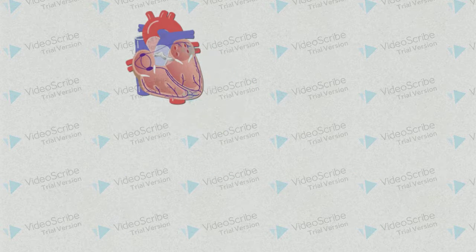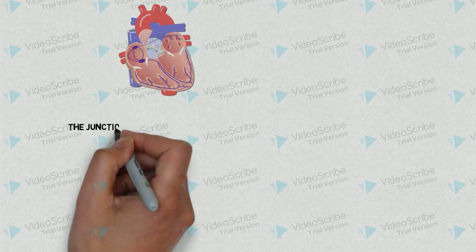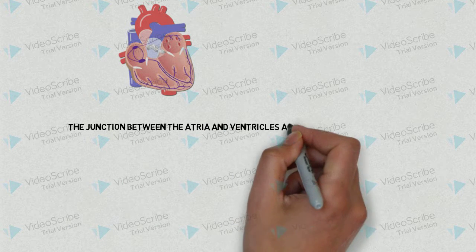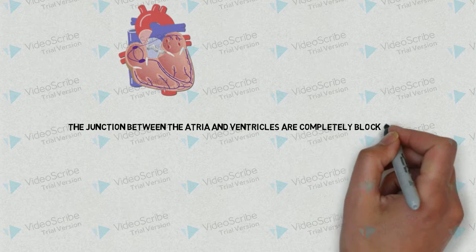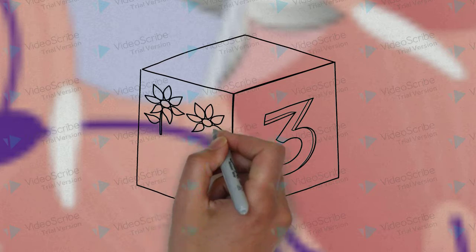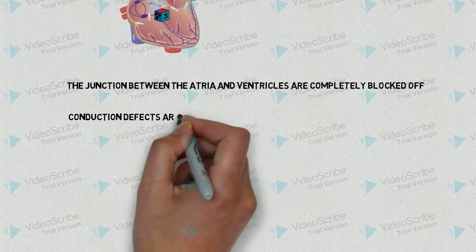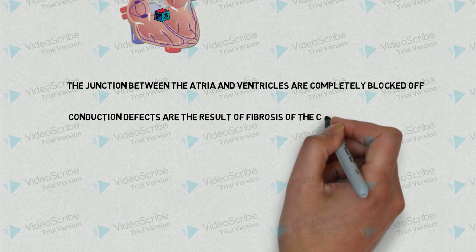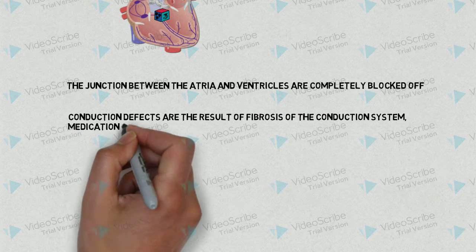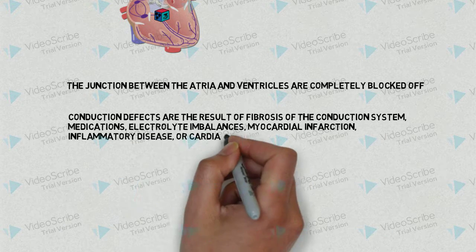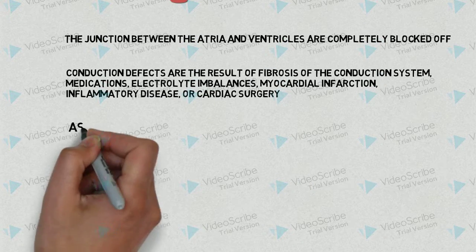Taking a look at our heart again. Now, the junction between the atria and ventricles can be completely blocked off in the case of a third-degree block, which we will represent with this block here. The conduction defects are usually the result of fibrosis of the conduction system, medications, electrolyte imbalances, myocardial infarction, inflammatory disease, or cardiac surgery.